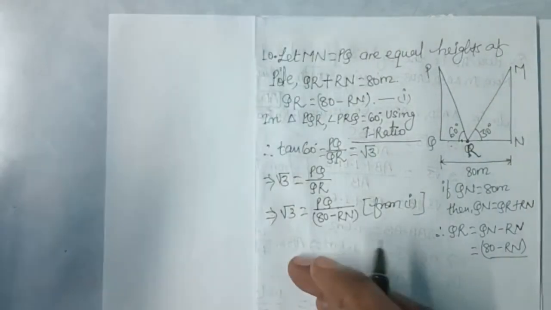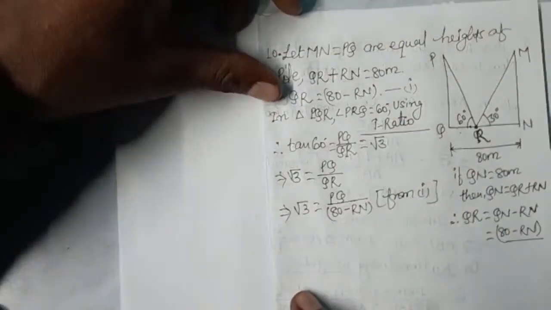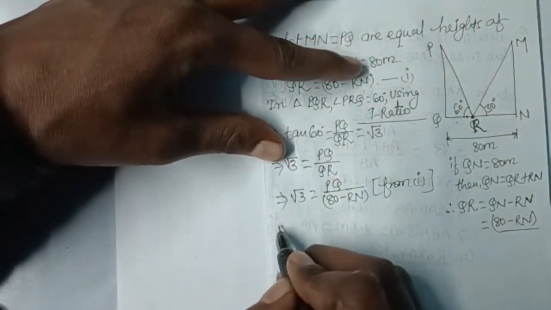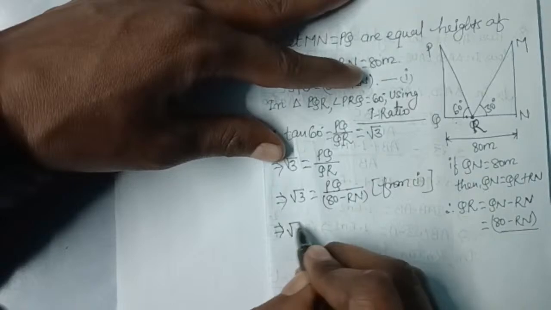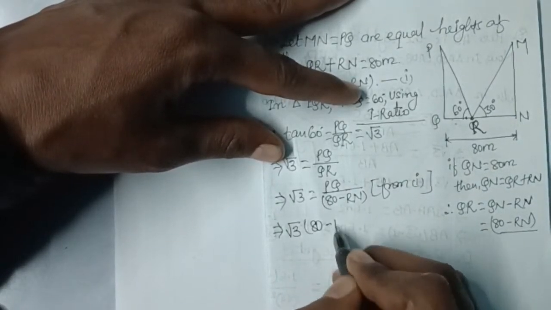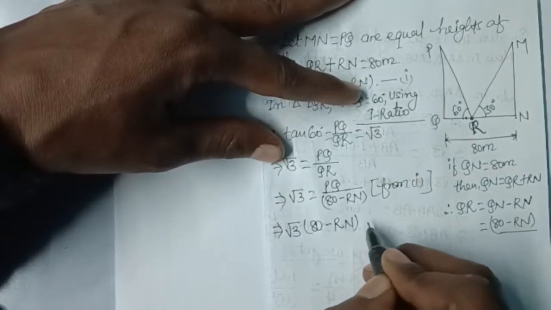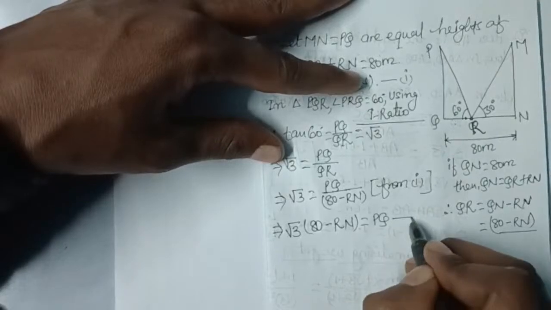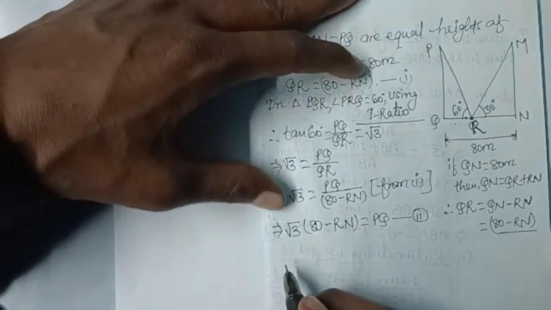Now it will become √3 into (80 minus RN) equals PQ. This is the second equation.